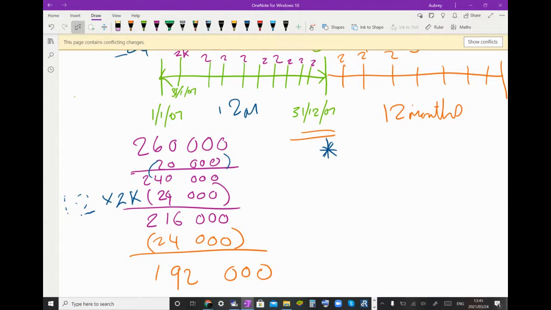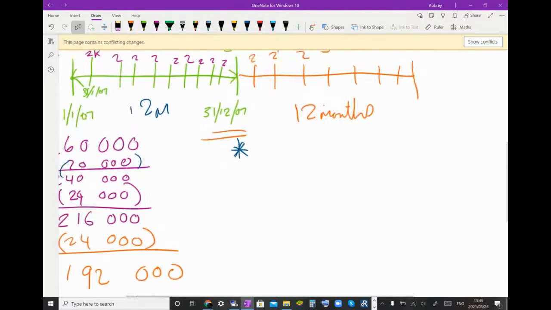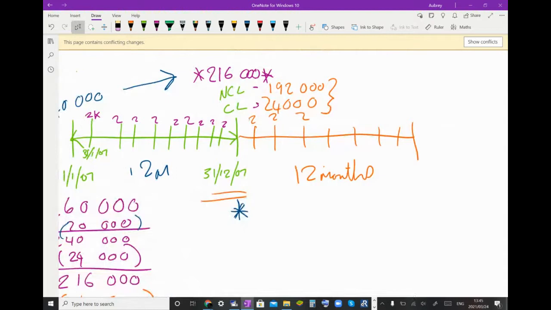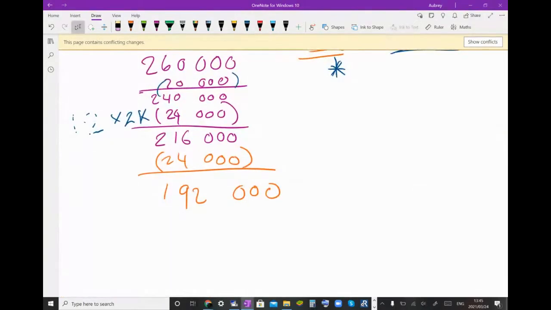So how much do we have to pay within 12 months for the following year? Every month in the following year we're paying the 2,000 for 12 months, so we did the same calculation. 24,000 again.